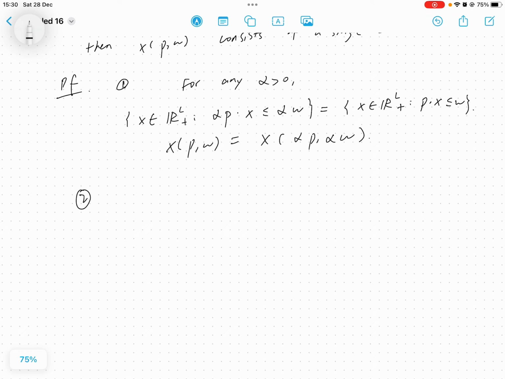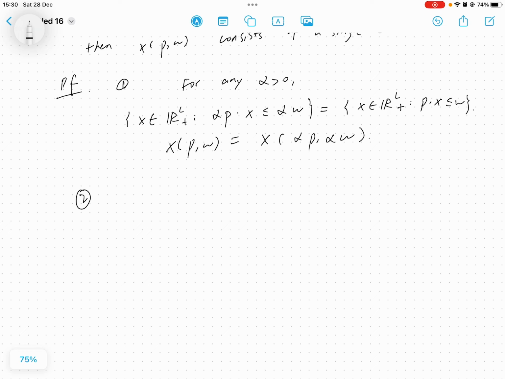Local non-satiation means that if we have some x as an element of the consumption set X, then within a very small range, a range of epsilon positive around this x, we can always find some other point which is more preferred than this x itself.